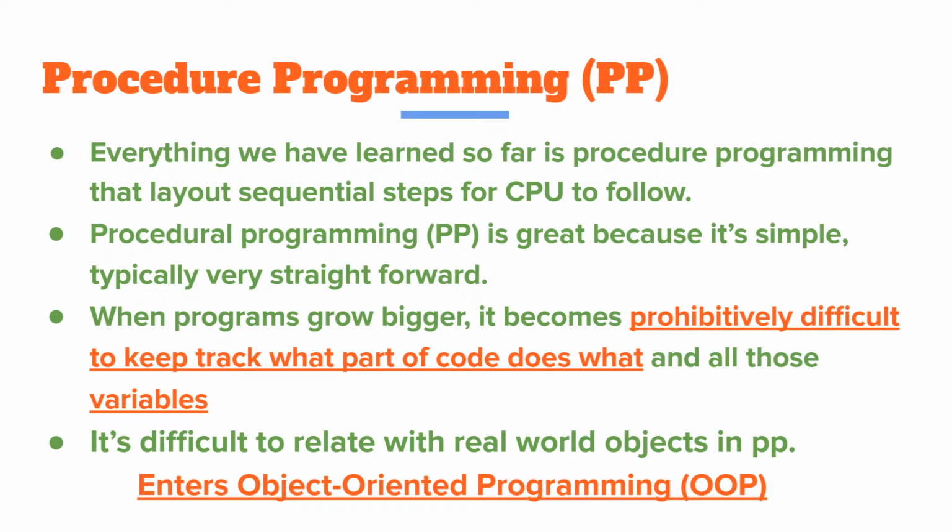Essentially, it's the most basic form of programming, I guess you could say. It's very simple, very straightforward, and very easy for even beginner programmers to understand, because there's no confusion in the order of it.